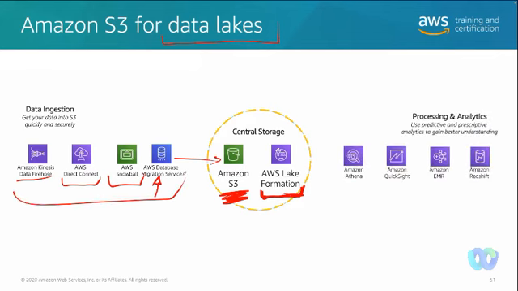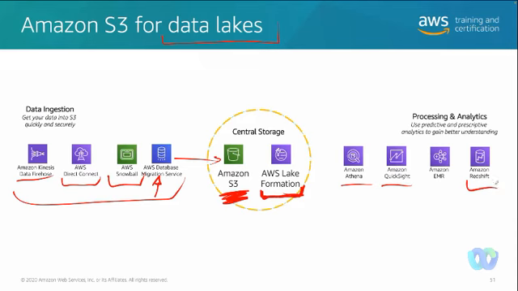Once the data has been ingested, then we can process and analyze that data using a bunch of services such as Amazon Athena, which will allow you to analyze different types of data in S3. QuickSight will create a relationship between all those types of data.